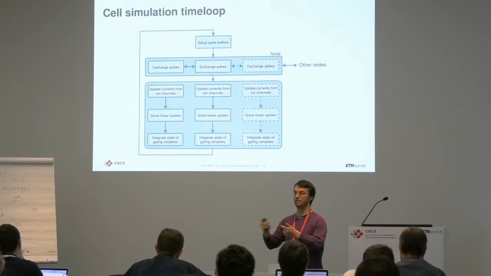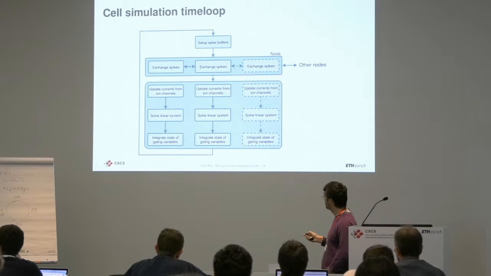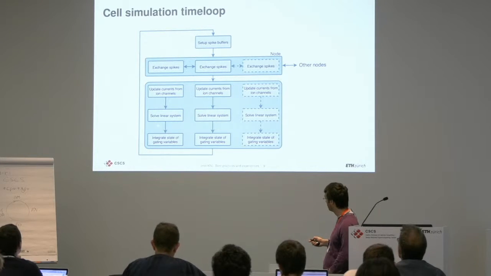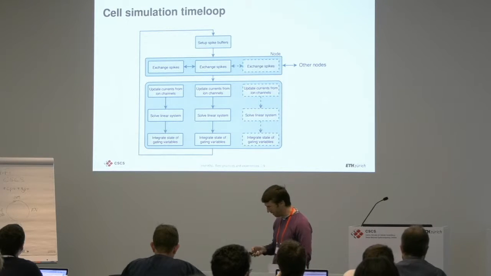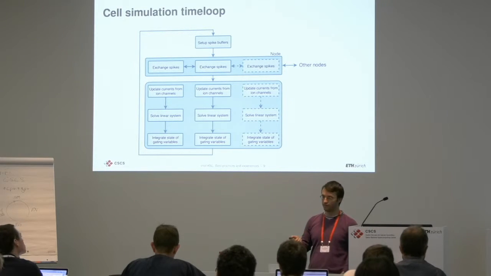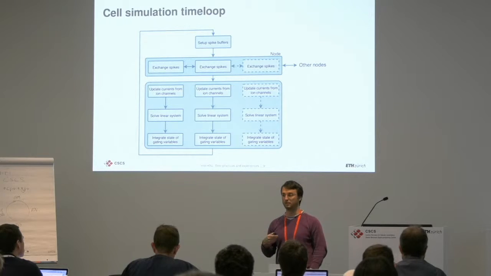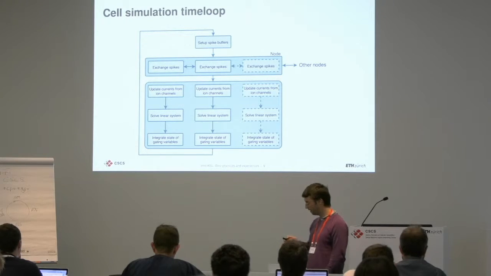So the references are not necessarily sequential. Next is a linear system solution, and then we integrate the state of the gating variables. This is also a bit computationally intensive, because there are lots of exponentials and transcendental functions.